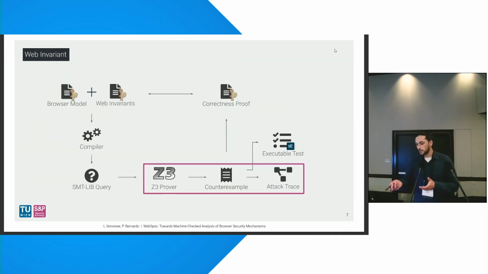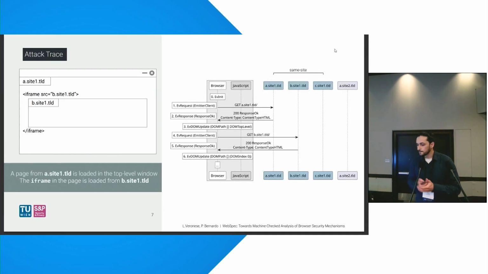We can now run this query with Z3 and obtain a counterexample. Additionally, WebSpec also produces a sequence diagram that you can use to visually better understand the attack trace. On the right, you can see the example of the sequence diagram we get from WebSpec for this specific attack.